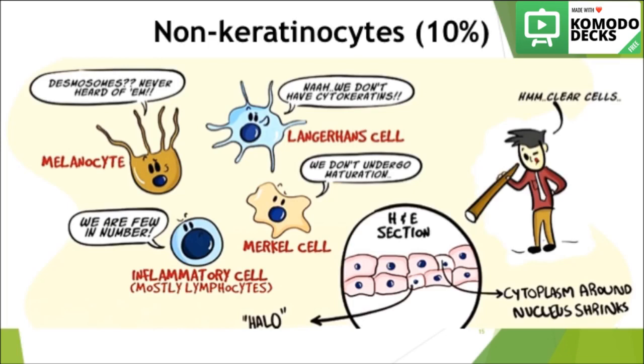These cells are uniquely clear under the hematoxylin and eosin section under the microscope. They are of 4 types: the melanocytes, Langerhans cells, Merkel cells, and the inflammatory cells.